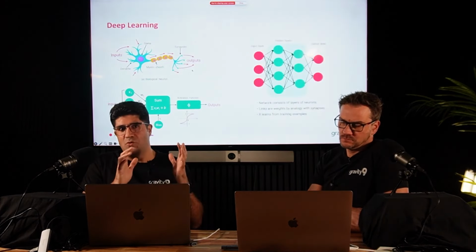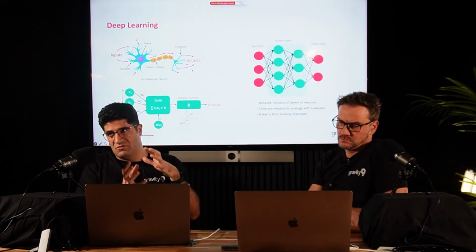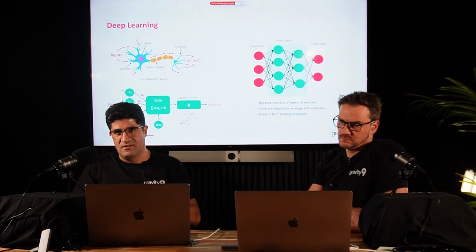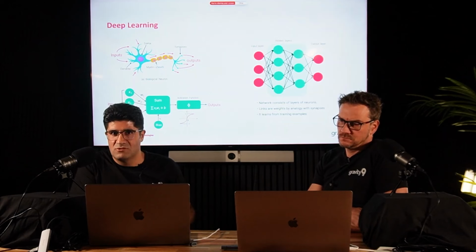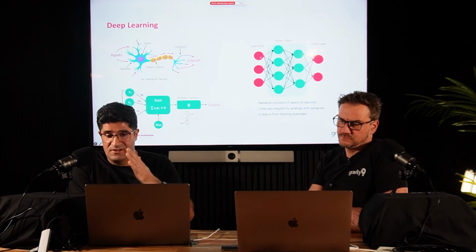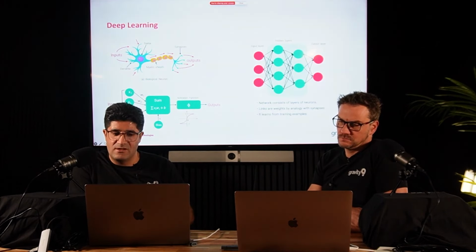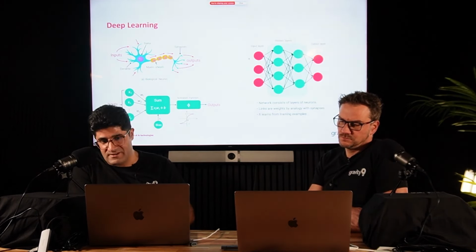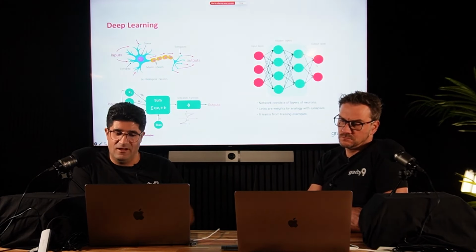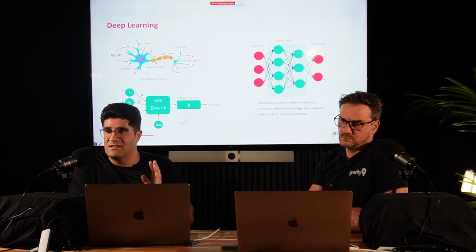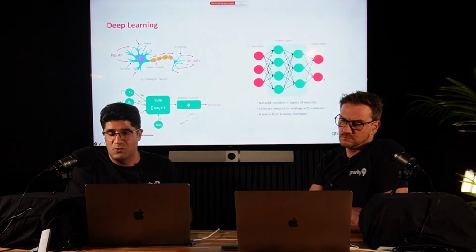And if we put a group of neurons together in different layers, we will create a neural network. So in fact, a neural network is a group of neurons in different layers. The first layer is the input layer, where we pass the input data. Then we have some hidden layers, and finally at the last layer we generate the output.